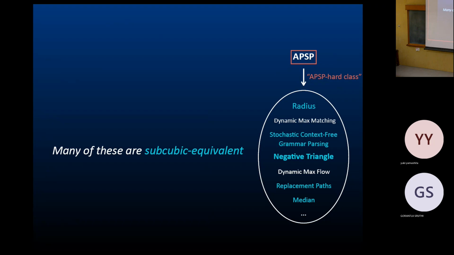This is a dynamic problem: you preprocess the graph, you update, and you answer. The statement here is that if you could support all these updates efficiently, then you would solve APSP faster. This is natural: you take a static problem, create some graph, and get the answer. But the other way we don't know how to show. If I solve this static problem faster, I don't know how to get a dynamic result out of it.